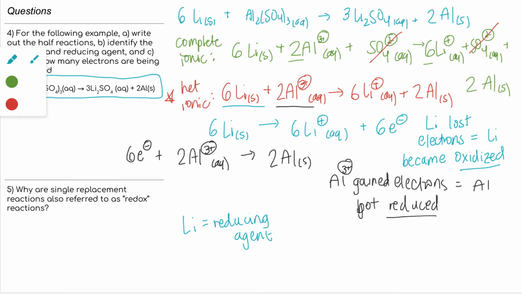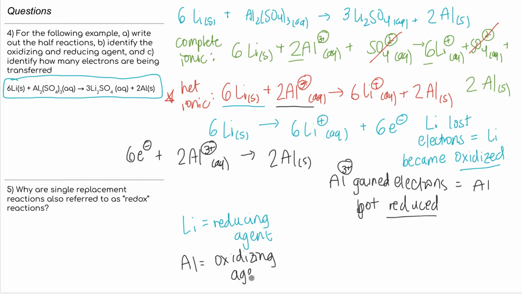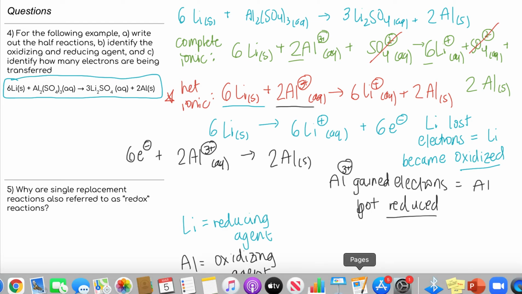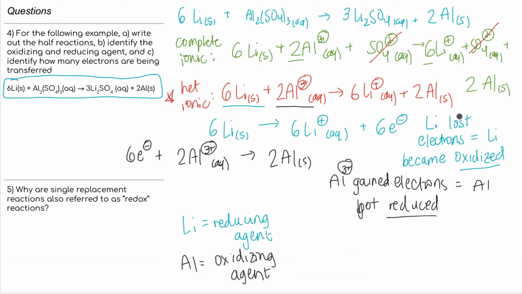And then the thing that got reduced is the thing that was doing the oxidizing. So that's why aluminum is going to be called the oxidizing agent. Okay, so it's kind of confusing.